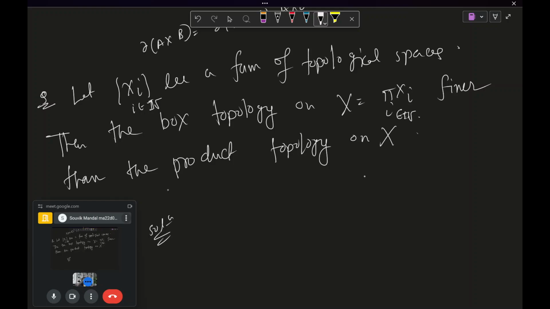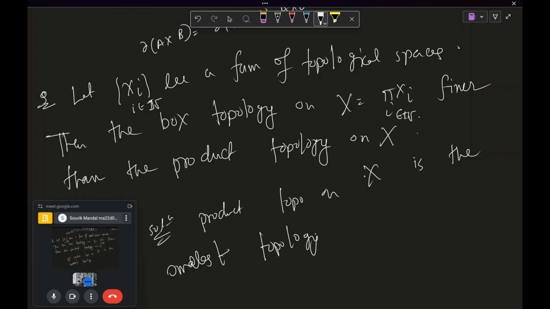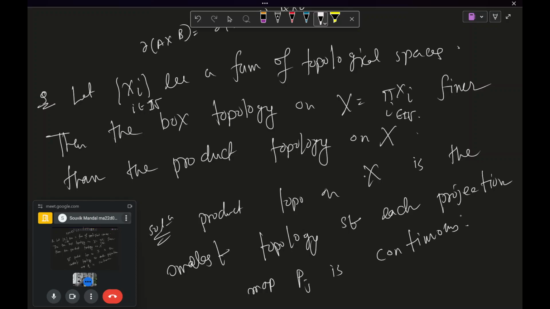Basically, the product topology on X is the smallest topology such that each projection map P_j is continuous. So this is the characterization.